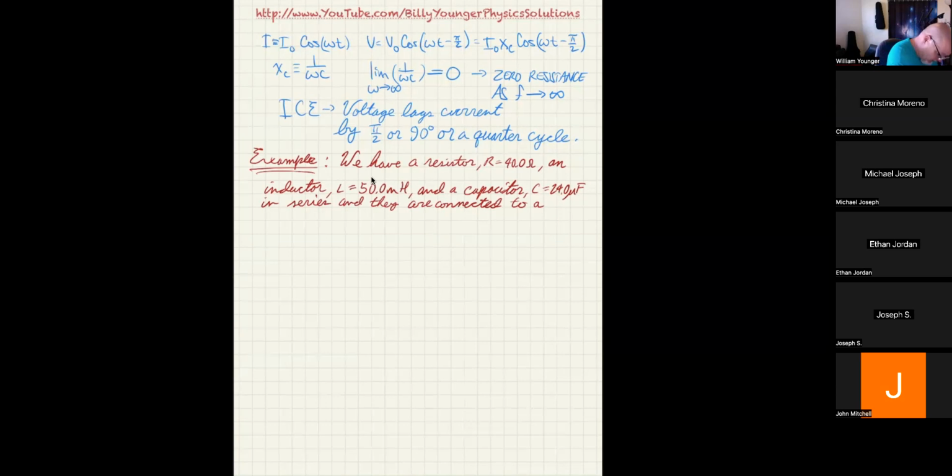To 170 volt AC source at a frequency of, let's say, 600 hertz.